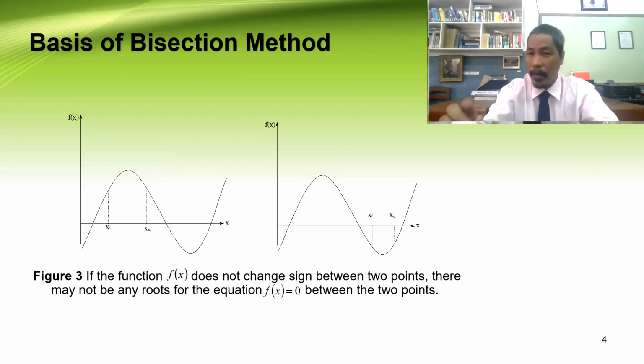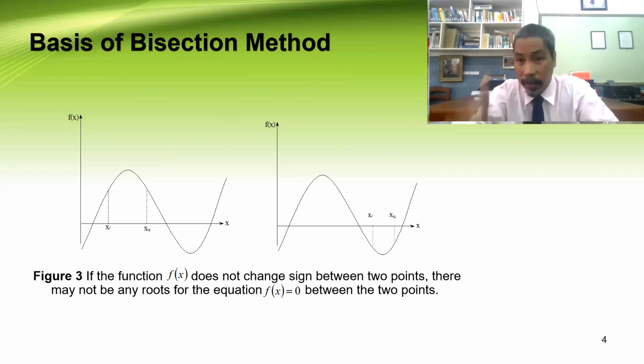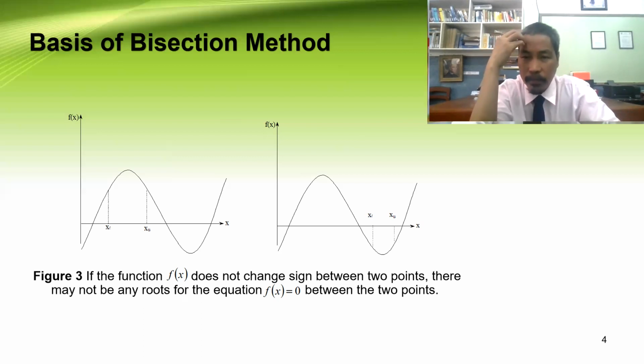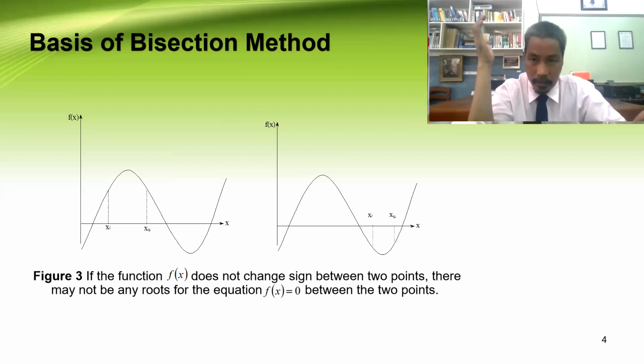What is the beauty of that? We do not have to clarify or verify. We already know that there is at least one root. Unlike if the function did not change in sign, we should be bothered whether there are roots or no roots, and we have to verify.